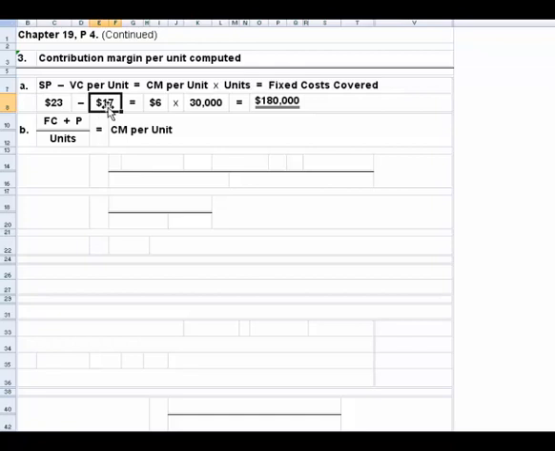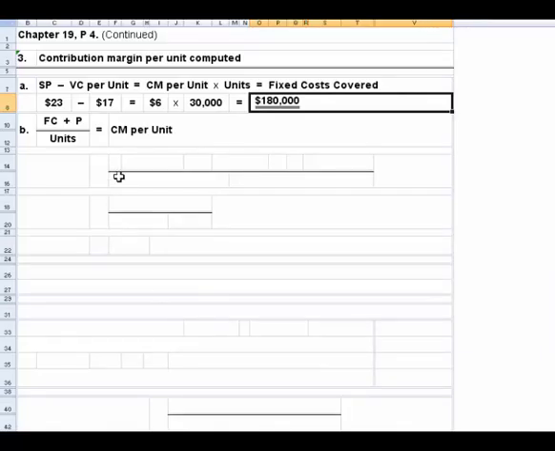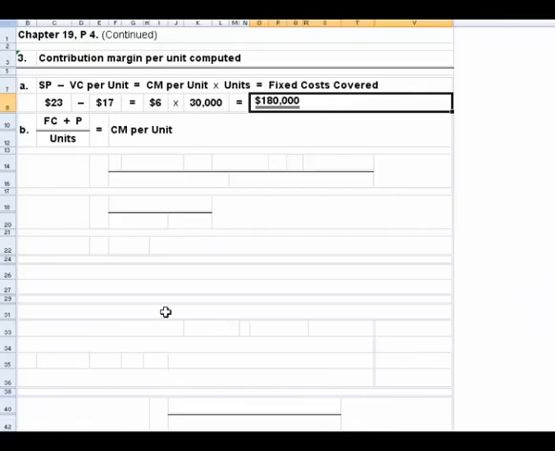So we take the 23 less the 17 to come up with $6, times the 30,000 units, is 180,000. The 30,000 units is what we already sold. That takes care of Part A, which says what amount of fixed costs were covered. Well, 180,000 were already covered.